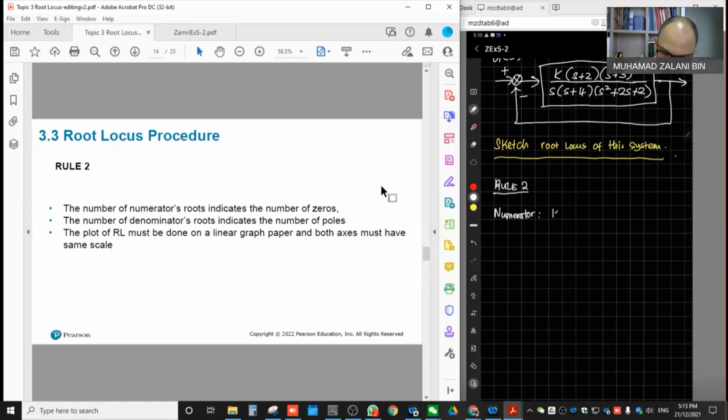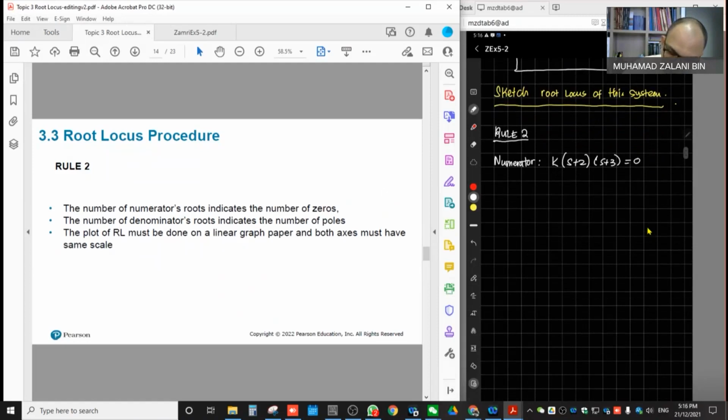We have been given the numerator equation of K(s + 2)(s + 3). To find the roots, make this equation equal to 0. Then we have the roots for this numerator equation as s = -2 and s = -3.